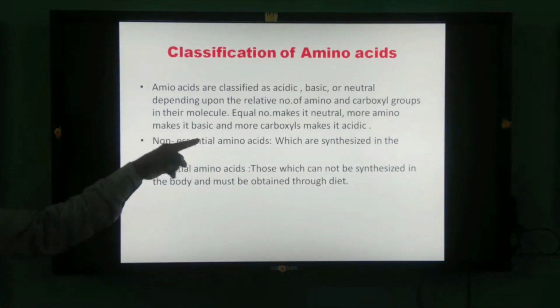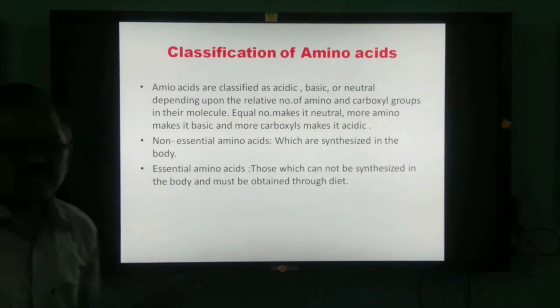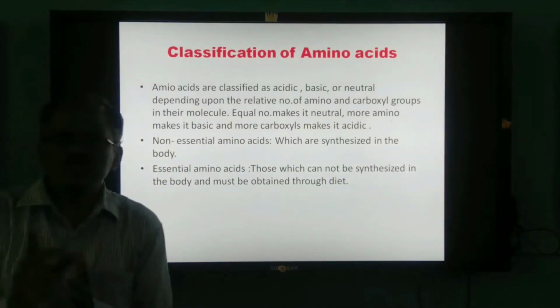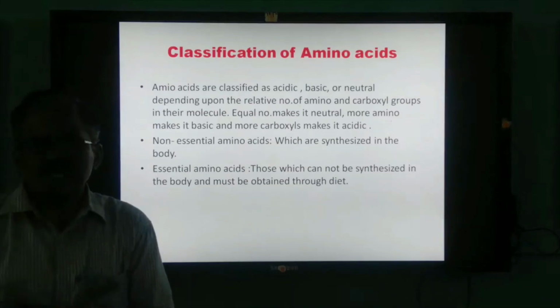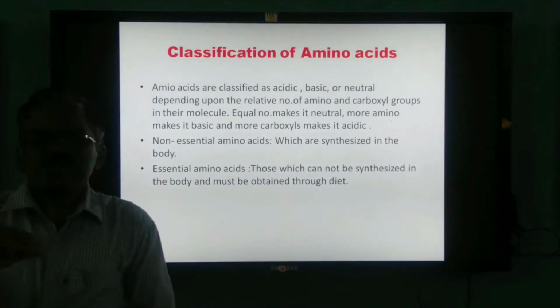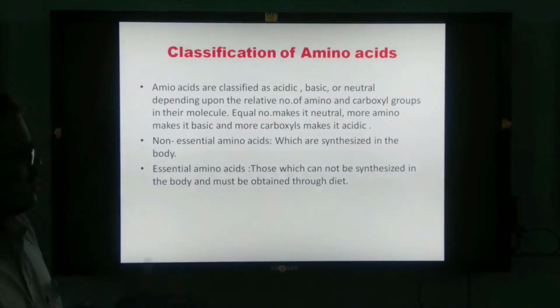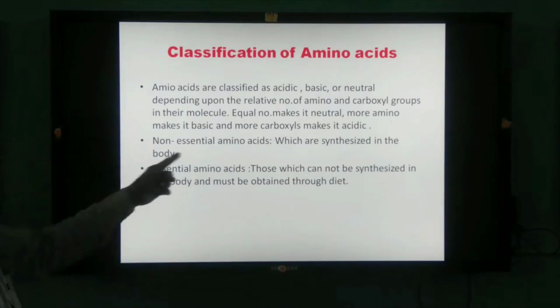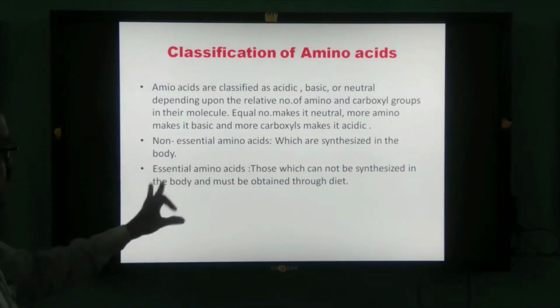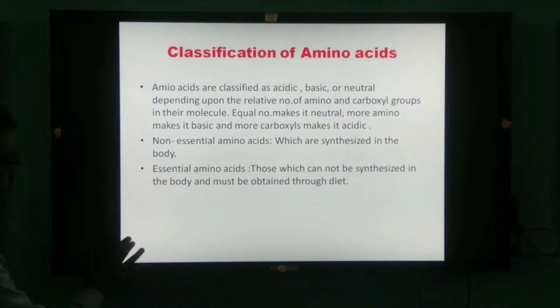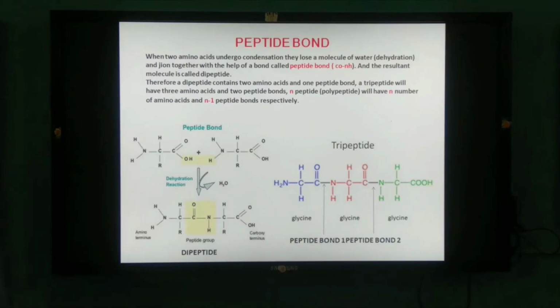Equal number means neutral: if both NH2 and COOH groups are the same in number, it is called neutral. If NH2 groups are more, it is called basic. If COOH groups are more than NH2 groups, it is called acidic. Non-essential amino acids are synthesized in the body, while essential amino acids cannot be synthesized in the body and must be supplied through diet or supplements.